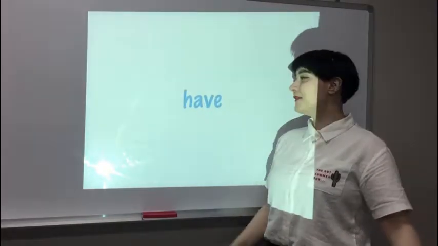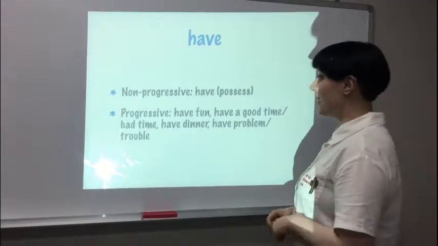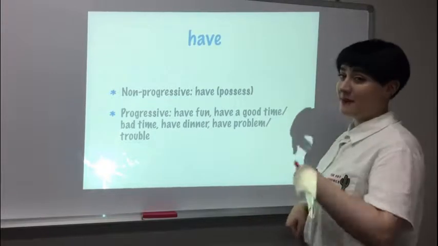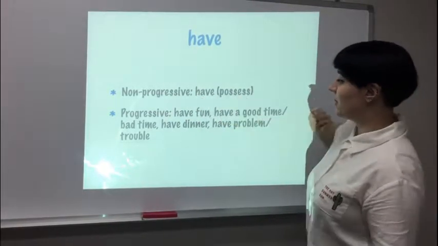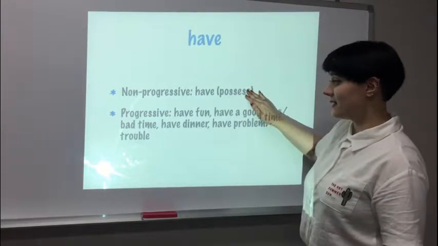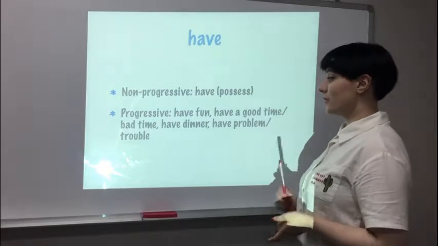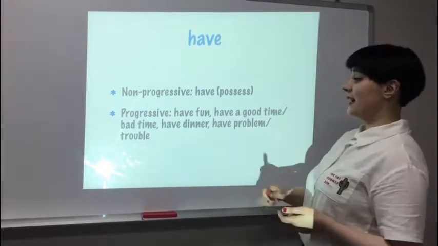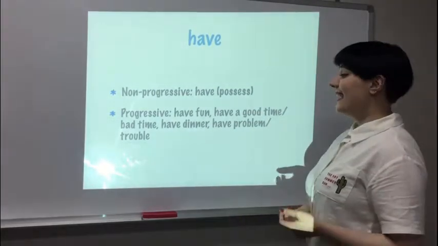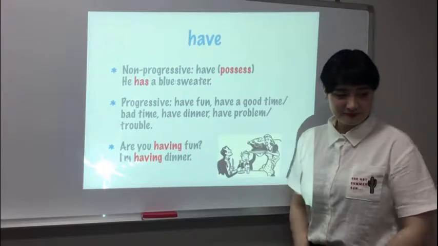Then, let's move on to have. Have is also a non-progressive verb, but we can sometimes use it in a progressive tense. We use it as non-progressive when we want to show what someone possesses, like possessive things, and we use it as a progressive for expressions like have fun, have a good time, have a bad time, have dinner, have a problem, or have trouble.